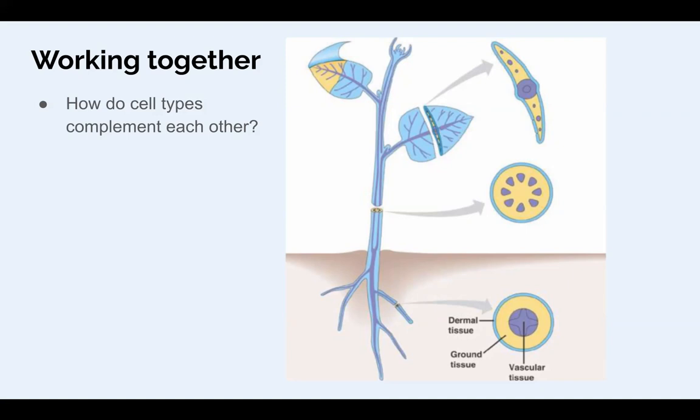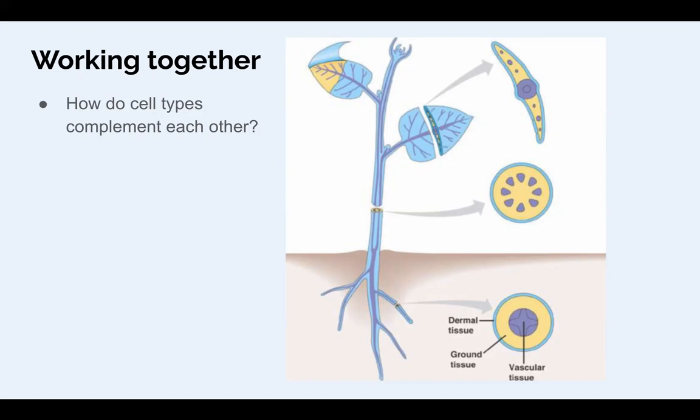So the whole plant is made up of these three main types of systems that work together to achieve different functions. We've got basically the wrapper of the dermal system, the filler of the ground system, and then the water and sugar conduction of the vascular system. So all those working together, placed nicely together.